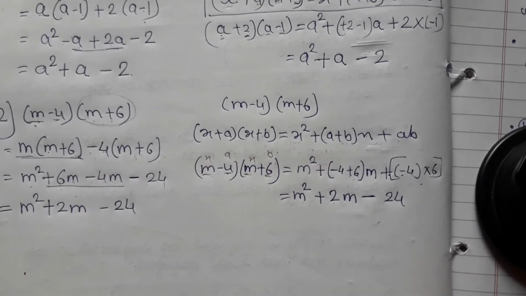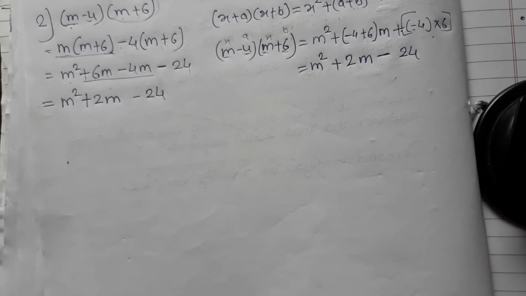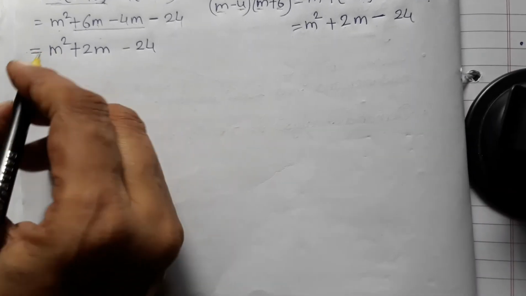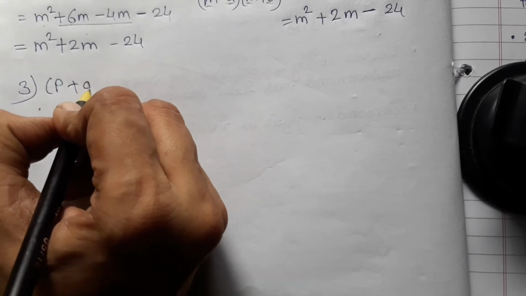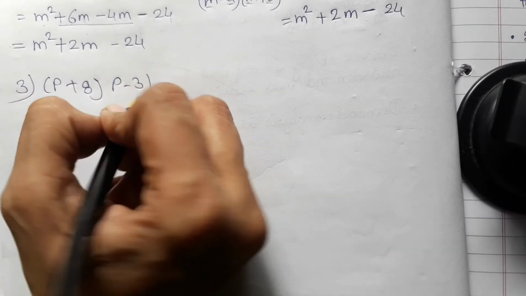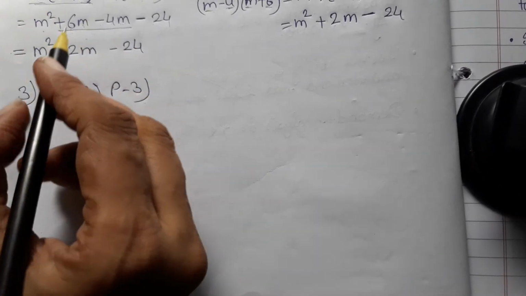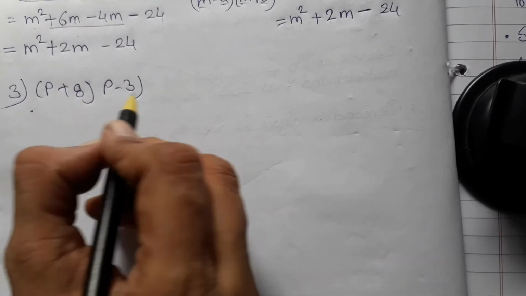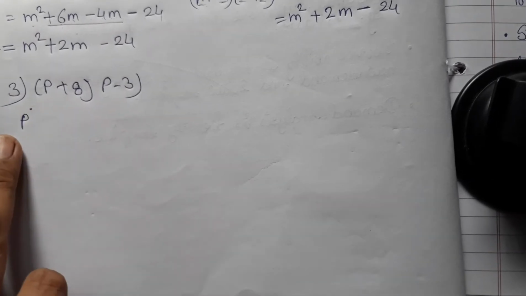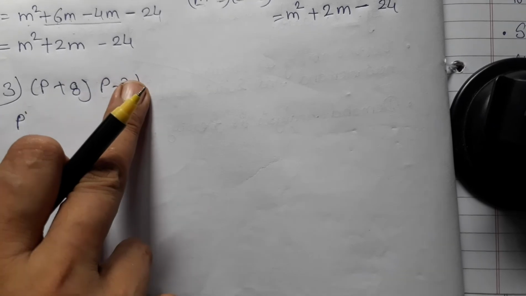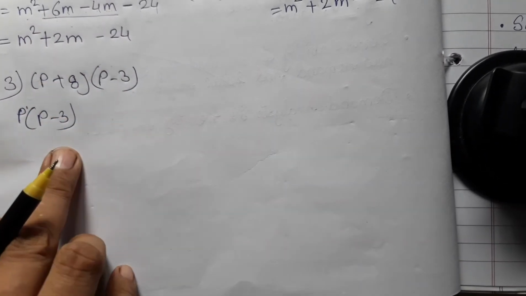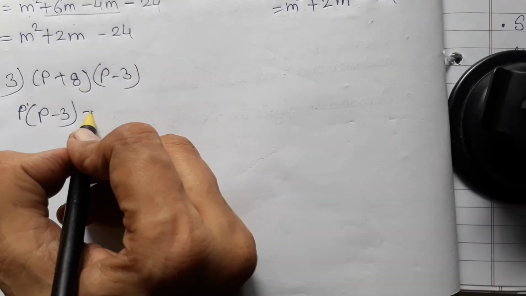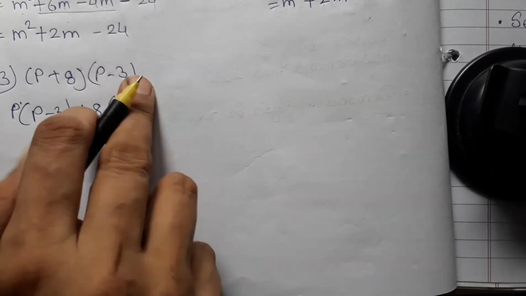One more sum I will solve. Third one, (p plus 8)(p minus 3), without using the formula. Take the first term and multiply with the second bracket, p minus 3. Take the second term and multiply with the second bracket.